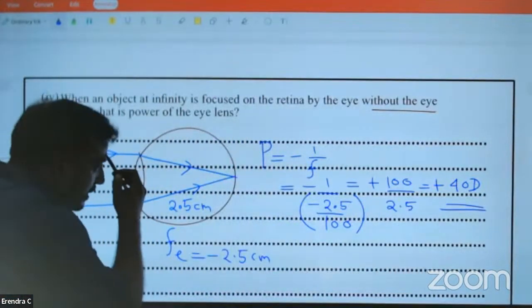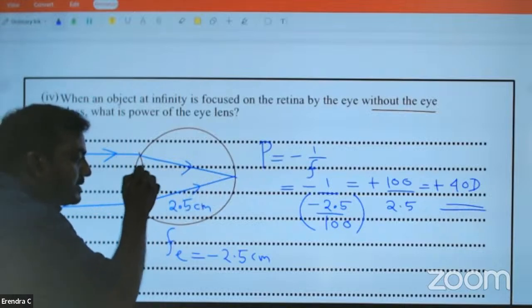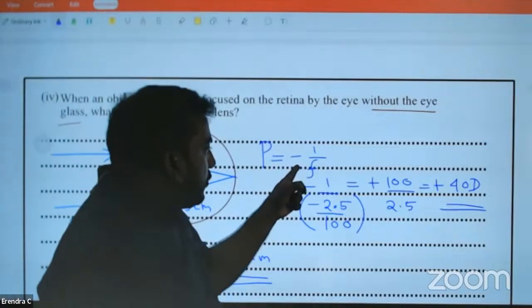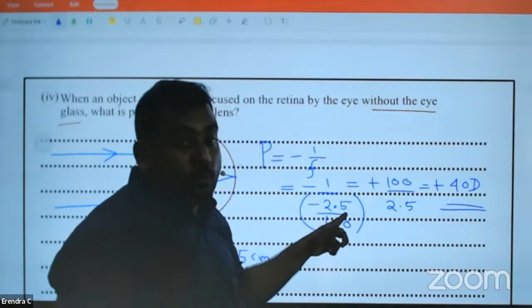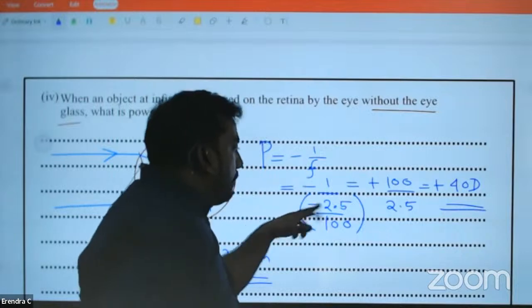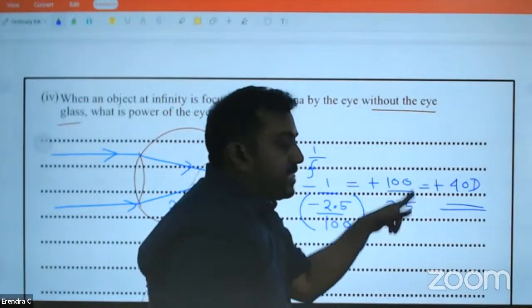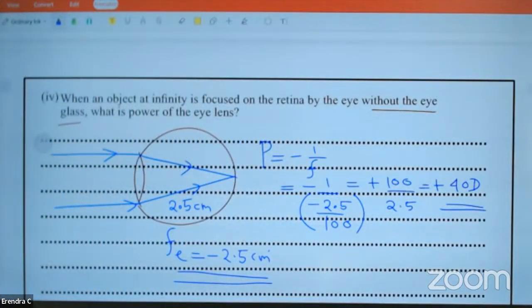So right now, common sense, light rays coming from infinity will converge, means these are convex lens. Once you know that is the focal, substitute there. Minus 1 over F. F is minus 2.5. Don't put centimeter, meter. 2.5 divided by 100. Minus minus plus. 100 divided by 2.5. Jump a decimal. 1000 divided by 25, 40. 40 diopter.